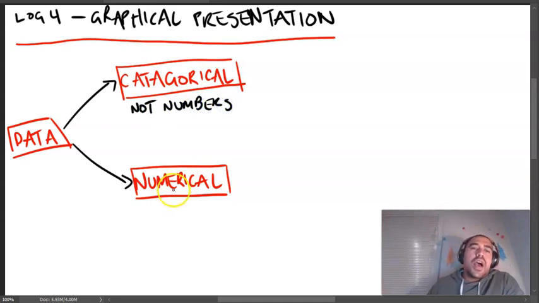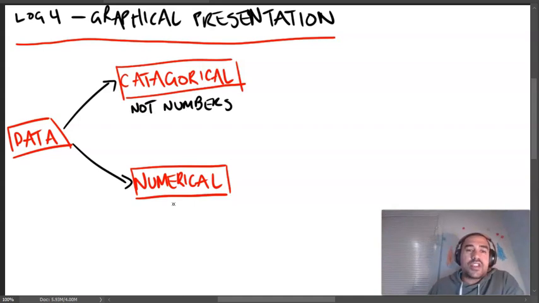And numerical, as you can obviously tell, is the opposite of categorical. It's numbered answers. So if I were to do a survey and ask, how many siblings do you have in your household? Or what is the number of your street address? What is your arm span or your height in centimeters? How much do you weigh?